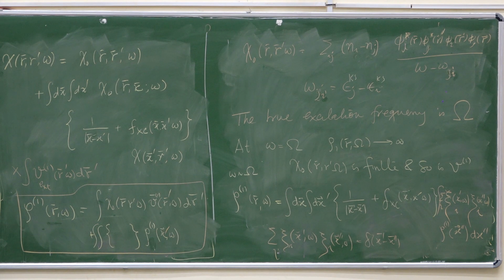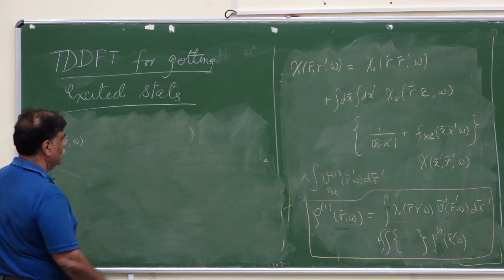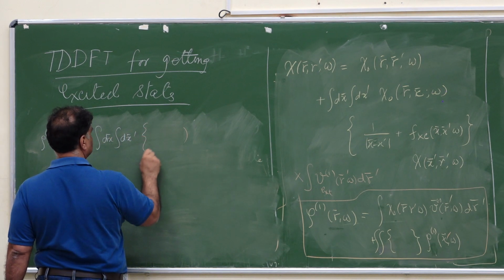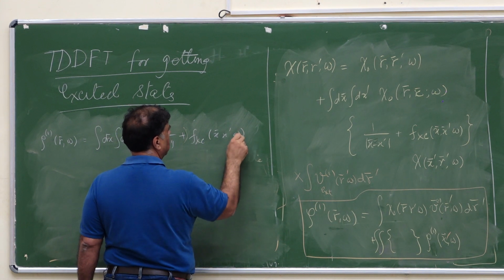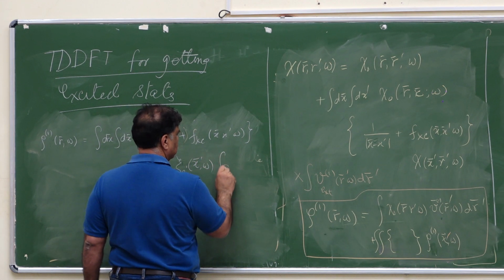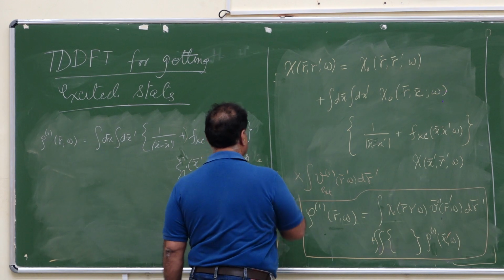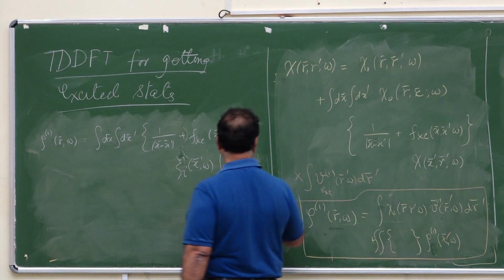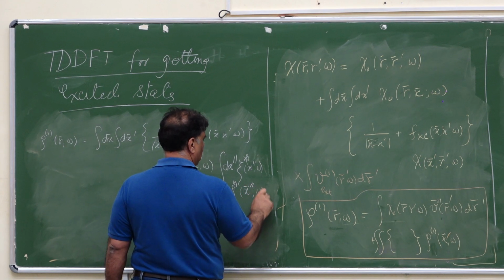So I can write this whole thing as rho 1 r omega equals integration dx, integration dx prime, 1 over mod x minus x prime plus fxc x x prime omega, zeta I x prime omega, integration dx double prime, zeta I star x double prime, rho 1 x double prime omega.